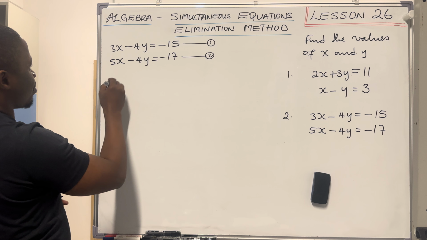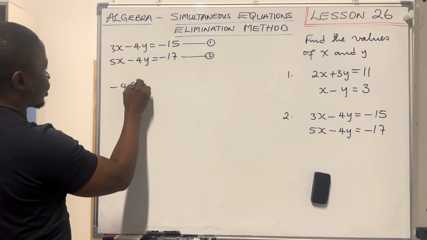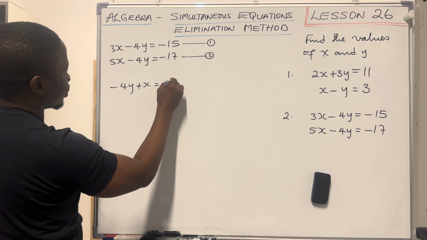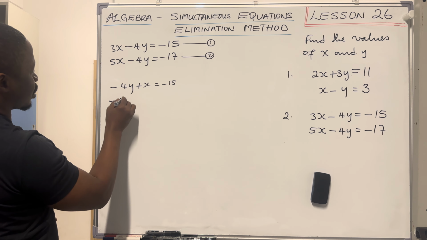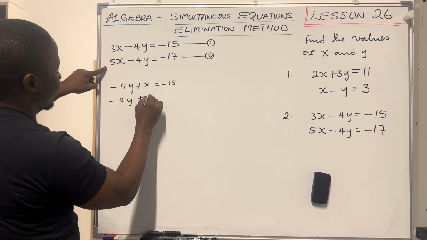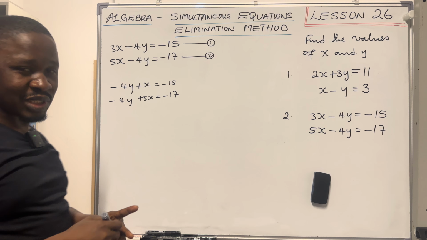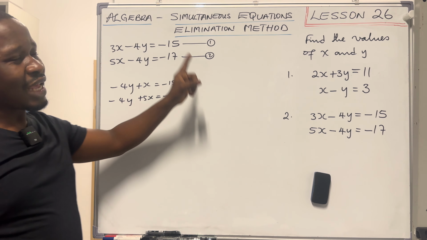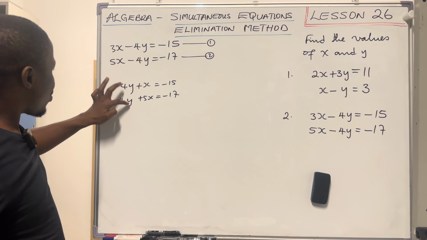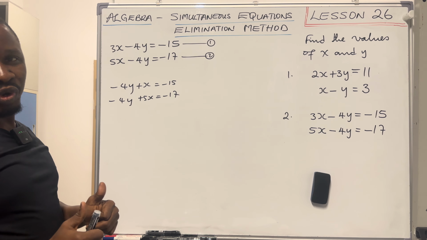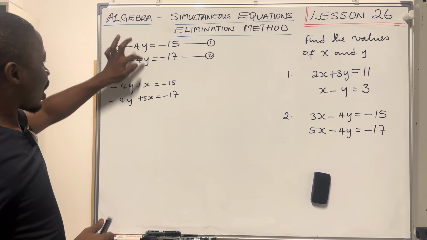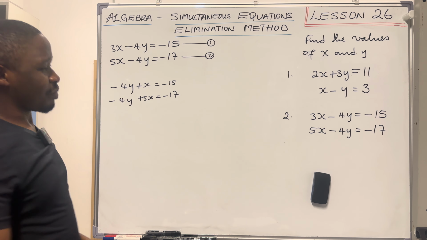For example, you say minus 4y plus x equal to minus 15, then minus 4y plus 5x equal to minus 17. You will still get the same answer. The most important thing is applying the elimination method. x under x, y under y. That is what we always want.